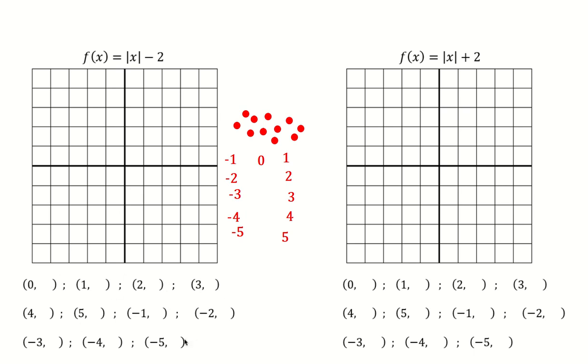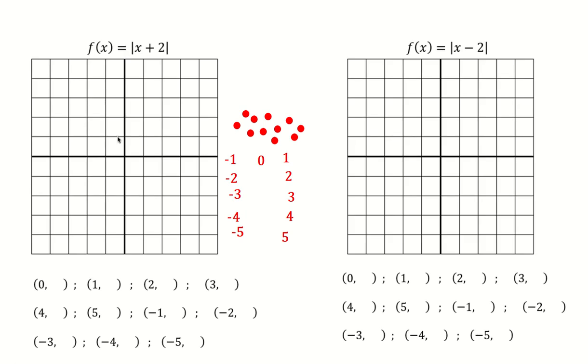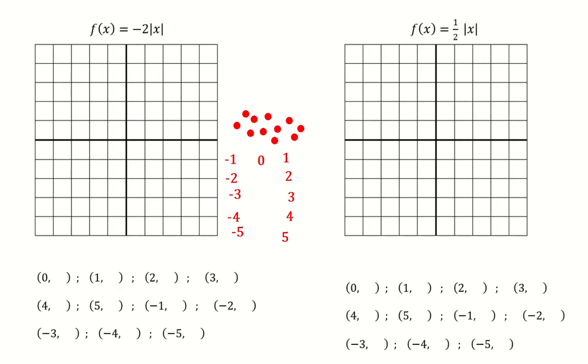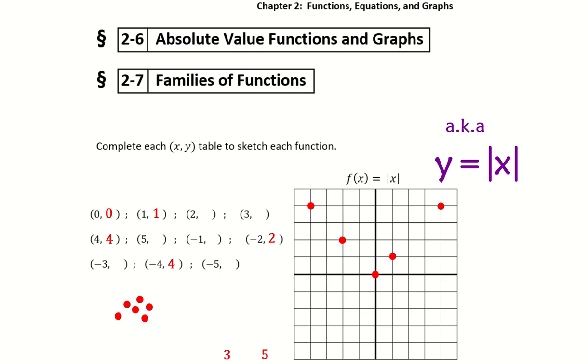Complete these points down here by plugging in all these values for x to see what you get, and then you can make that graph, and then there's this graph, and then there's this graph. Okay, so there's like 6 more graphs, I believe, that you're going to carefully plug in all these different x values and see what you get. Okay, so pause the video now and give that a try, and then unpause when you're done.